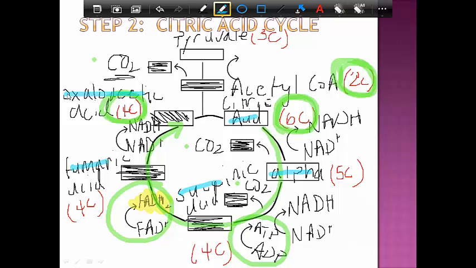So our main products are the ones I just talked about, the ATP, the FADH2, the carbon dioxide, and then of course the NADHs. So we're making hydrogen ion carriers, the NADHs, and the FADH2s, and we're making a little bit of ATP, as I said, in this cycle. And then we're also making waste products, so the CO2 is considered a waste product in this example as well.